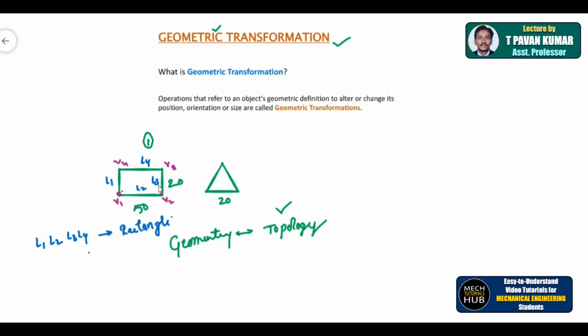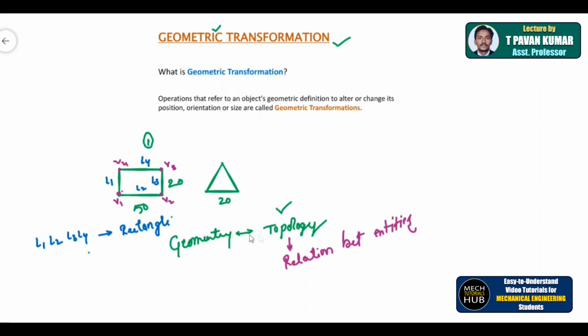Similarly V2, V3, V4. So V1, V2, V3, V4 is the topological information which gives you the relation. Topology is nothing but the relation between entities. Unless you have this relation, it is never called a rectangle.